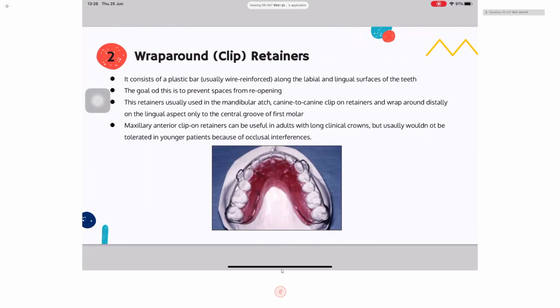2. Wraparound or Begg retainer. It consists of a plastic bar along the labial and lingual surfaces of the teeth. It can be useful in adults with long clinical crowns, but usually wouldn't be used in younger patients because of occlusal interference.